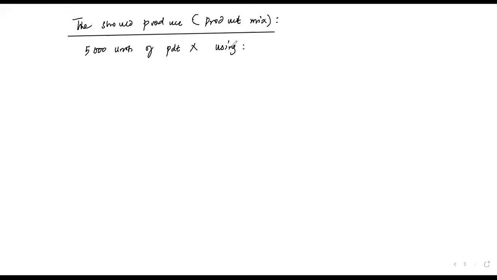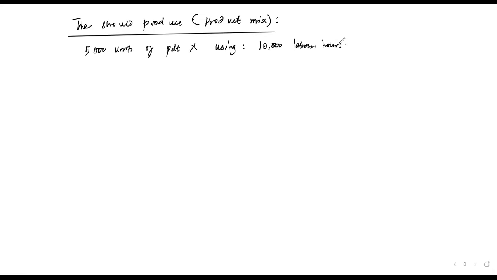To produce these 5,000 units of product X, remember each unit of X takes 2 hours, so you're going to use 10,000 labor hours.